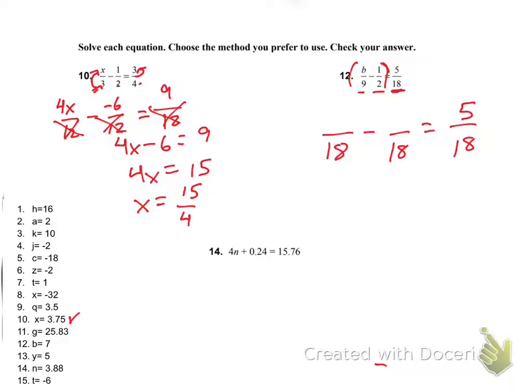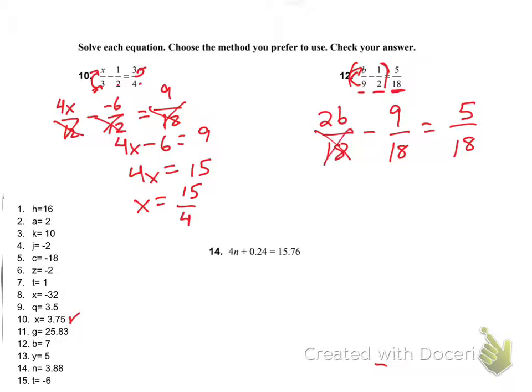So 9 goes into 18 twice. So I'm going to multiply that by the top. So 2b minus, and 2 goes into 18 9 times. So 9 times the -1 is 9. And we're going to leave the last one alone.